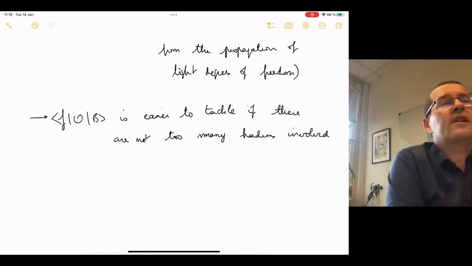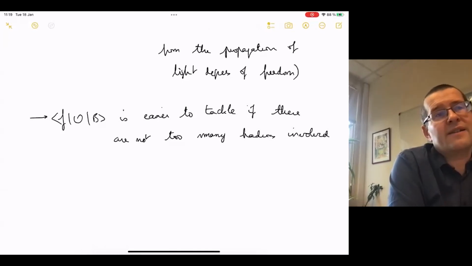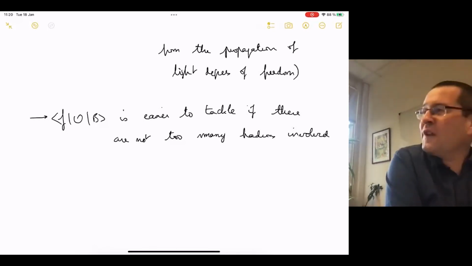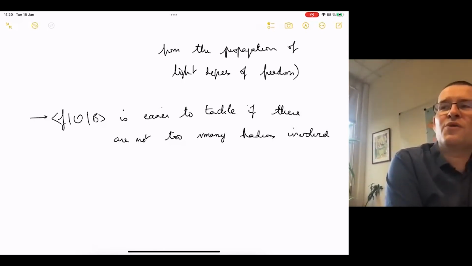So probably a very small number of hadrons in the final state is better. You might think that it's not very ambitious, but it's probably better to try to do physics with processes that you control quite well at the theory level.